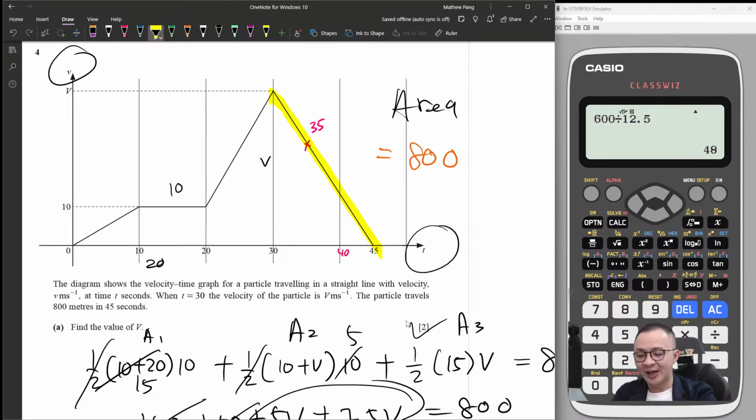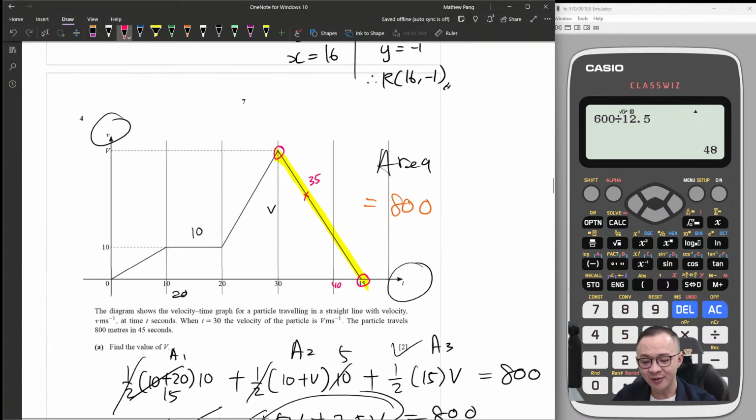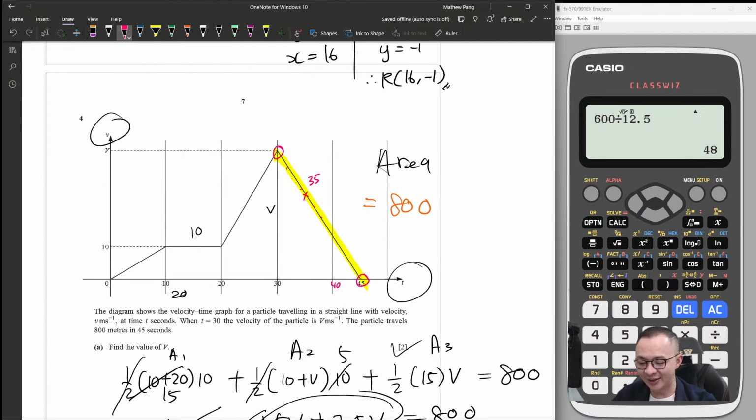That means as long as I get any 2 coordinates from here to find the gradient of this yellow line, then I can get the acceleration for any time on this yellow line. Here is t equals 35, and even t equals 36, 37, 38, 39, 40, 41, all these t values will have the same acceleration, because acceleration is constant. Because it's a straight line, so we know it's constant.